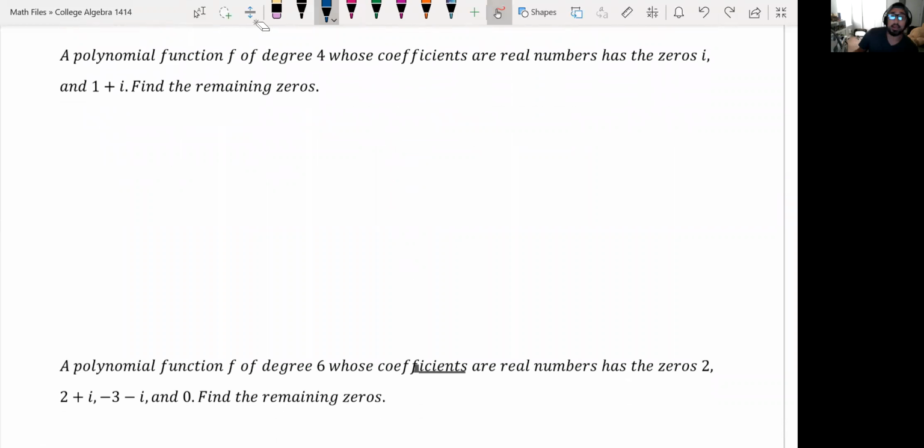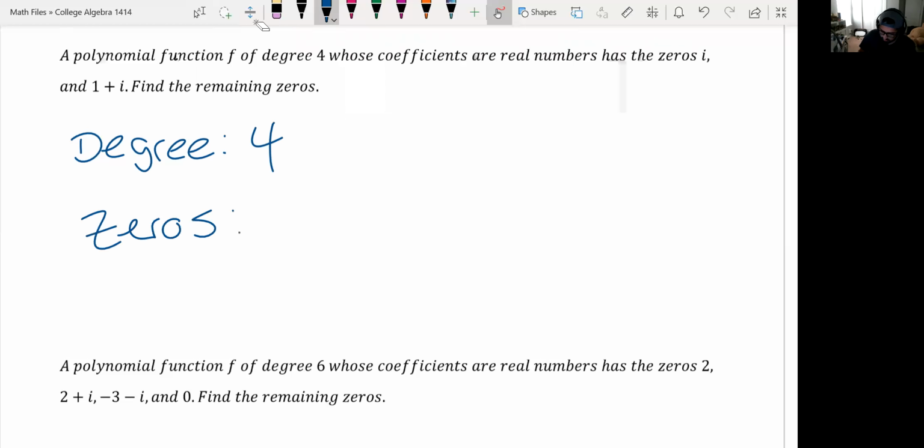Okay. A polynomial function of degree 4, whose coefficients are real numbers, has the zeros i and 1 plus i. Okay. So degree is 4, which means we should have 4 zeros. The first 0 given is i, which means that's complex, so it's going to have a conjugate pair of negative i.